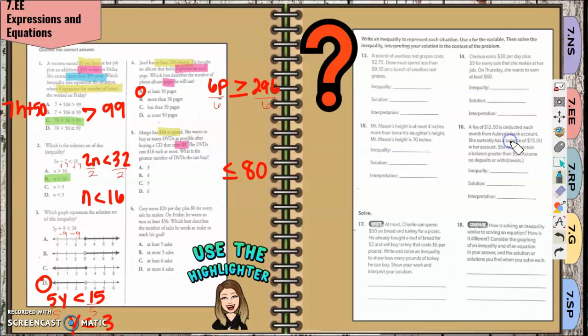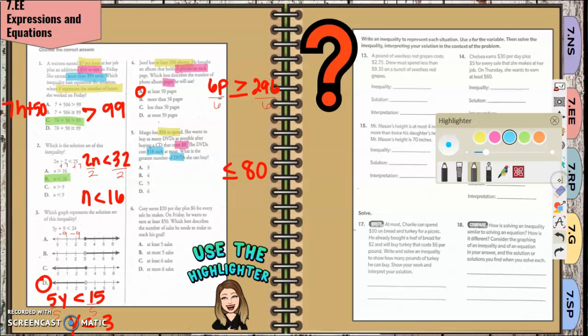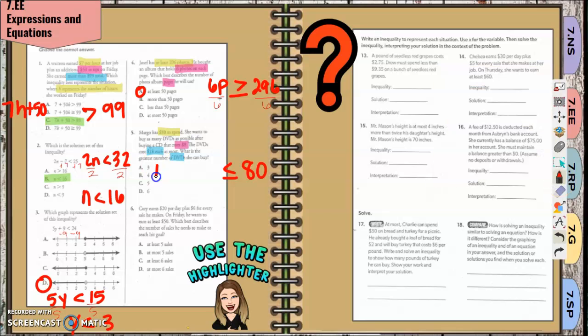Then she wants to buy DVDs at $18 each, and we're looking for the greatest number of DVDs that she can buy. So our inequality is going to look like 18D plus $8 for the CD is less than or equal to $80.